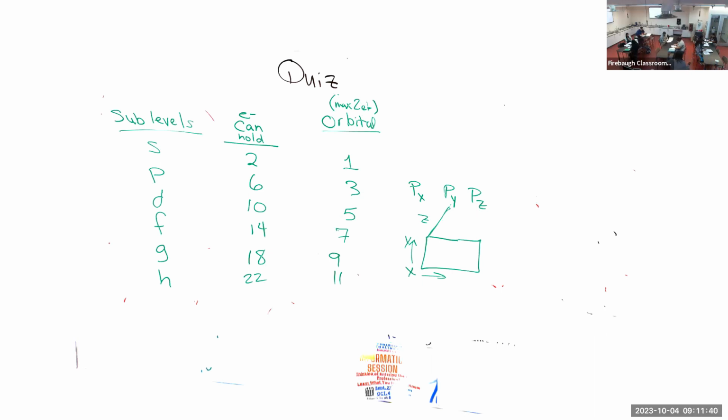You got 0, 1, or 2. That's it. Now, what about the P sublevel? We can have 6, right? Maximum. So, the first thing that you should look at when you're looking at electron configuration, make sure you're not above your maximums, and I'll show you an example of that in a second. So we can get a little more information. Go back to the top.